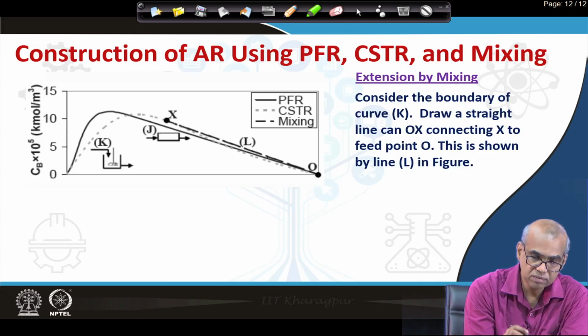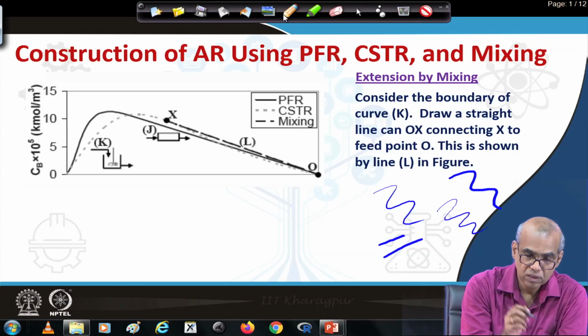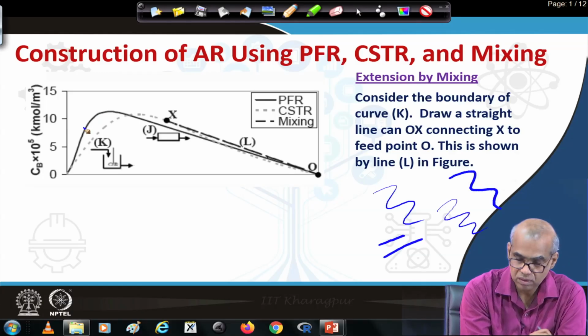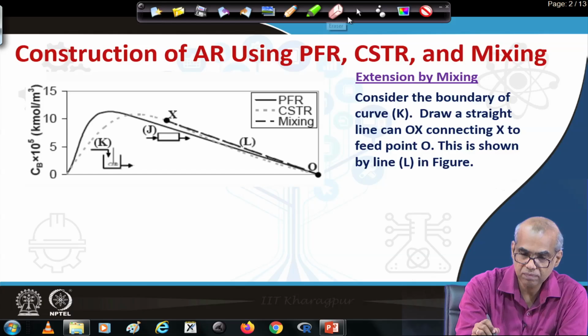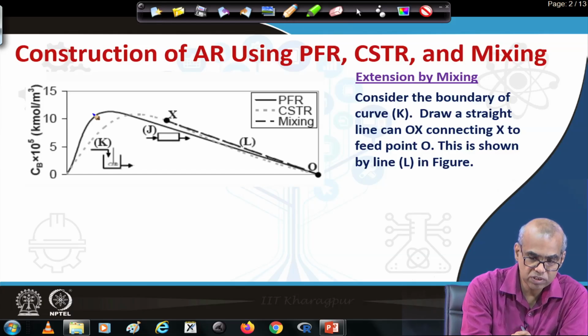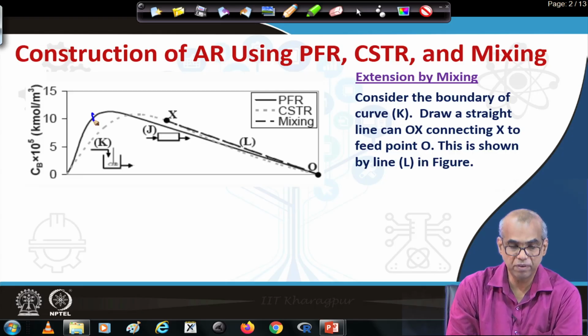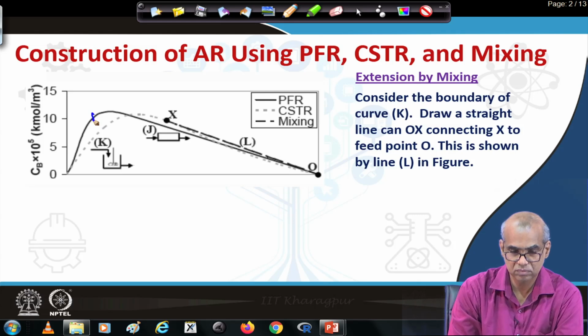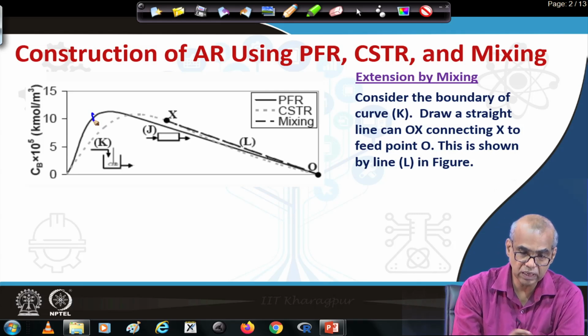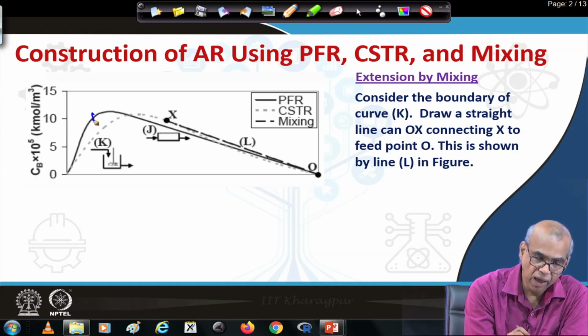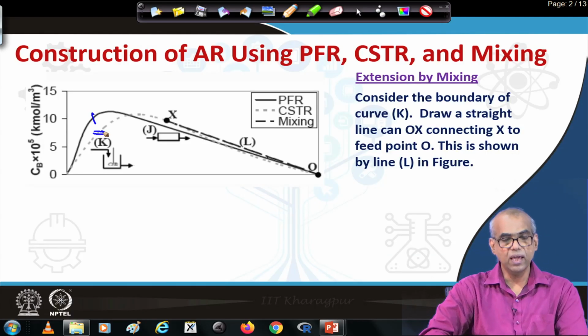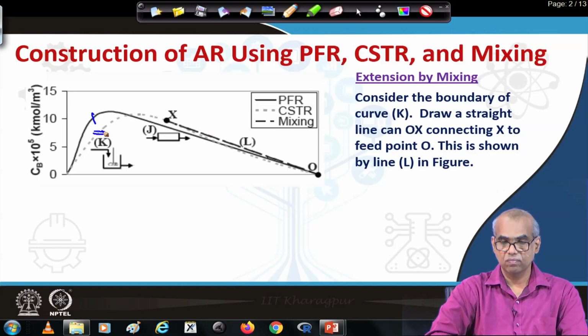So, again consider the two trajectories, the one represented by the continuous line is from PFR, which is given the name J here, and this boundary represented by K is the CSTR locus.